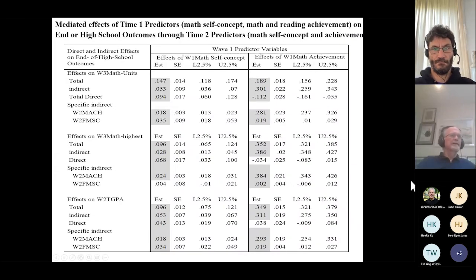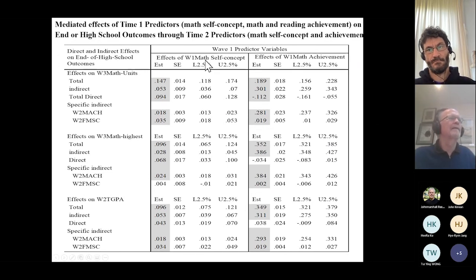And then this gets kind of messy. This is for the effects of math self-concept at time one. These are the total effects, which is the same thing that we just looked at. These are the indirect effects, and this is the total direct effect. So this is the path that you know, the regression coefficient if you just did a regression, and that's normally what you put in the model.